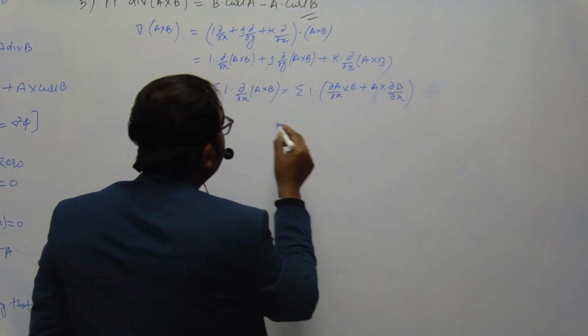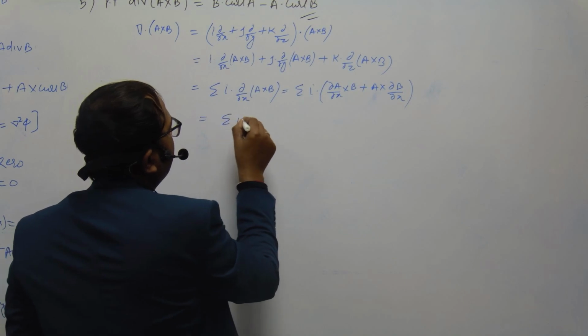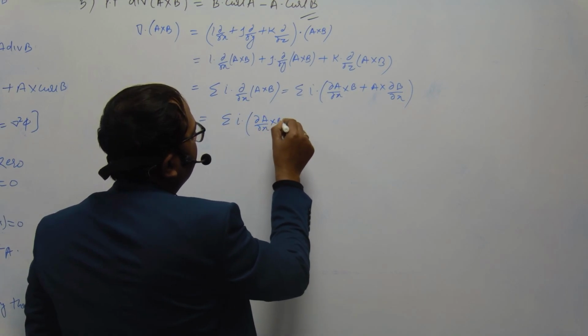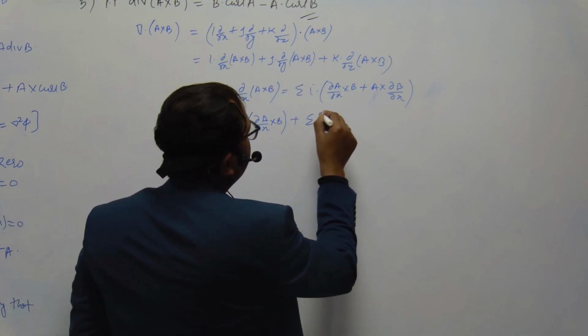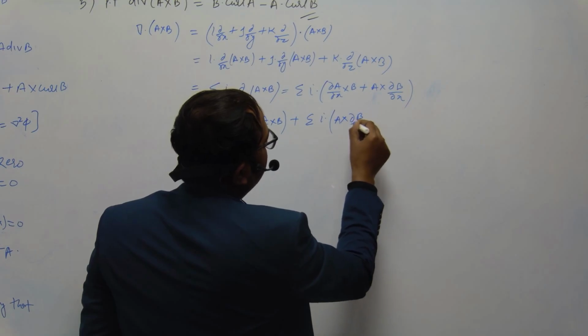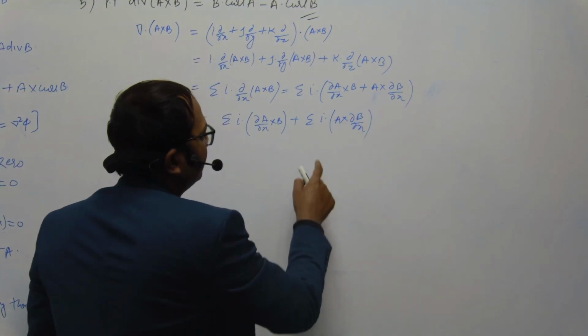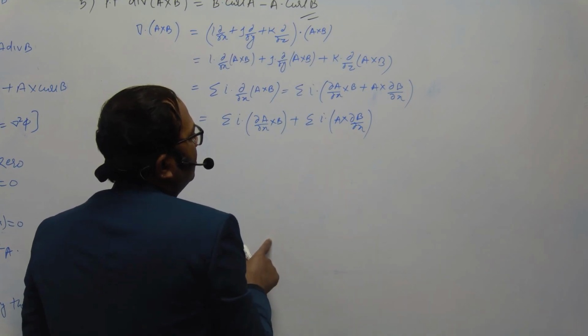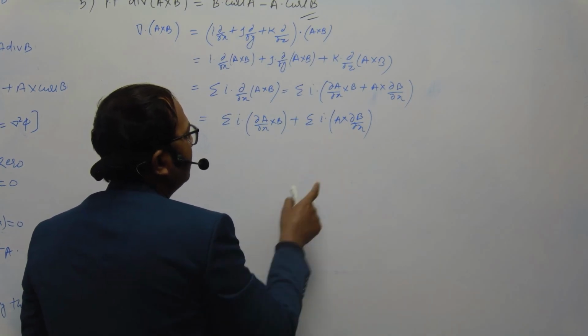This is equal to summation i dot, del A upon del x cross B plus summation i dot A cross del B upon del x. We can further simplify this. We can reverse the order of A and del B upon del x, and on reversing this there will be a minus sign.